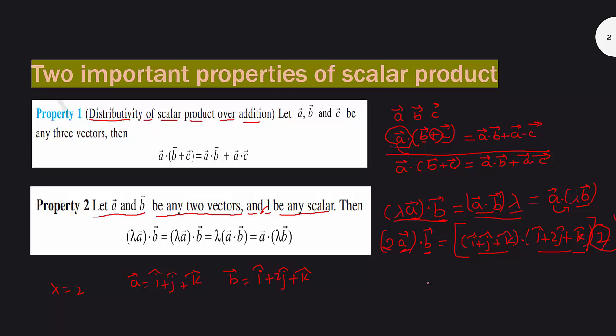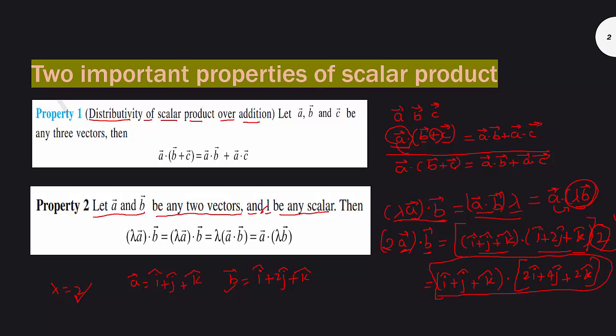Or this can also be written as, see, this term I am going to solve now, that is lambda times B. First I will write A as it is, i cap plus j cap plus k cap dot with lambda times B. Lambda value is 2, therefore lambda times B means 2 multiplied with B. So that will be 2i cap plus 4j cap plus 2k cap. Now you can simplify this.